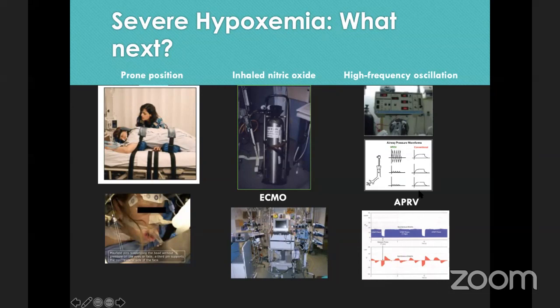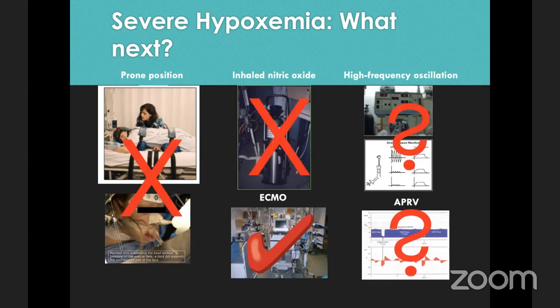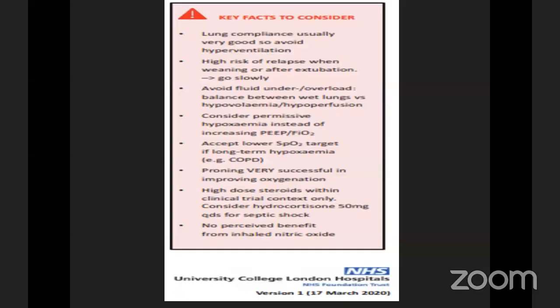APRV maybe some are using, but it's not common actually. It's rare to be used because you need to be spontaneously breathing. So the ECMO will be the recommended one if still refractory hypoxemia.